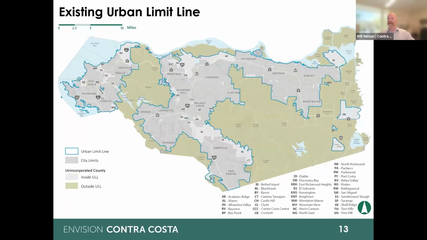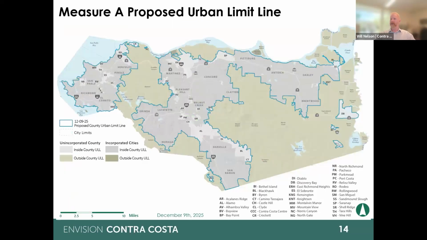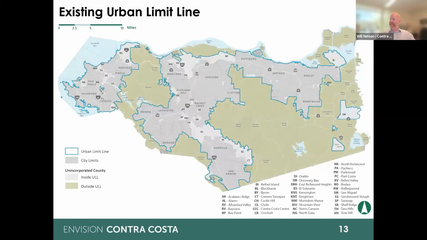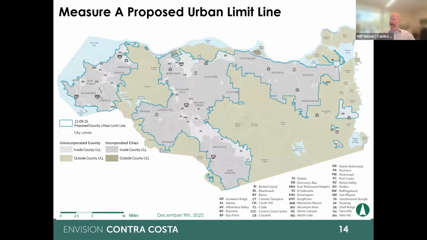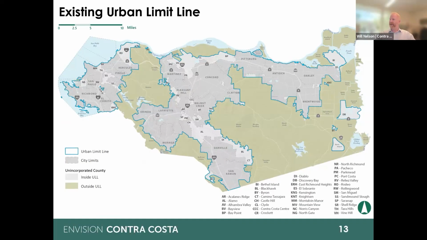So we're back to the existing line, and I wanted to toggle back and forth so we can see the line as it stands today and then the line that would exist if Measure A were to pass. So you can see, those areas I talked about, say Bethel Island, if you look up there in the top right, most of it's inside here. Most of it would go out. That ag conservation easement in Discovery Bay, in and out.